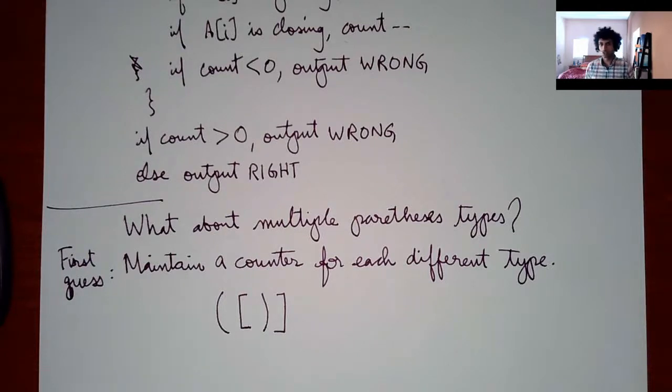So what you're saying is you could try to keep track of the different counters and how they relate to each other. So you could potentially figure something out for 2 counters, but now let's say there are multiple different types.